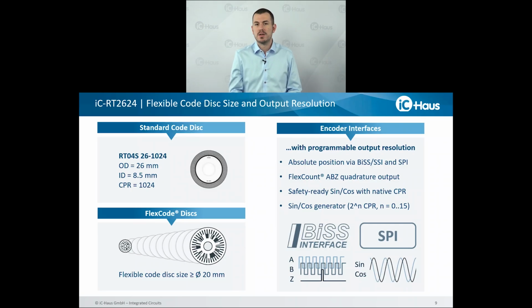I make an example. Think of a product line you want to build, a 36, a 54 millimeter encoders, so two products, and you would like to have the classic 1024 or 2048 sine cosine output for both of those devices. You just need one sensor, two code disks, and you can just program it. Plain simple.